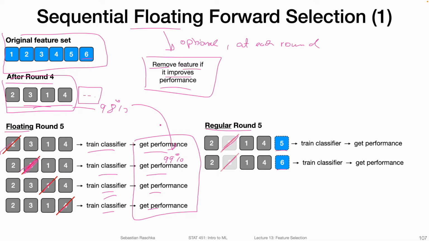So why would removing feature 3 actually improve the performance? This can happen because of the way we select things in sequential feature selection. For example, when we had only feature 2, we may have found that feature 3 is better than feature 1 or 4. So at that point we had features 2 and 3 and added feature 1.